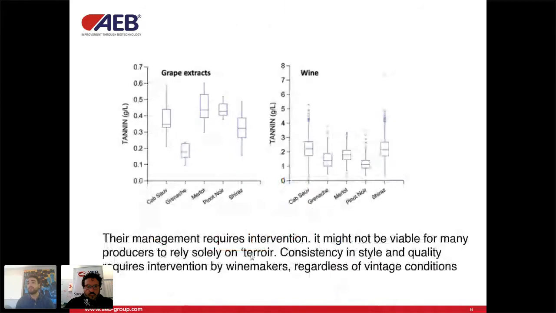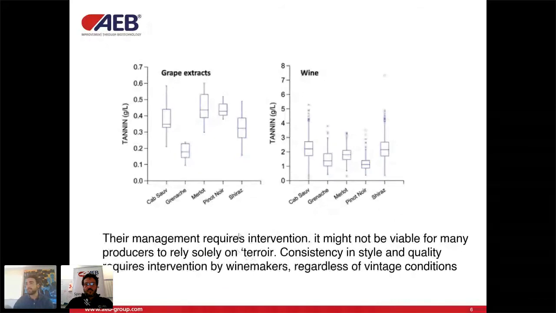And also, it's very important to understand that viticulture techniques are important to define the amount of phenolic compounds you can have in your wines, but the winemaker cannot rely only on terroir expression. To achieve a consistency in style and quality, winemakers have to put some effort into winemaking techniques regardless of the vintage conditions.